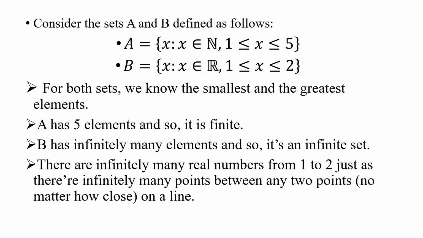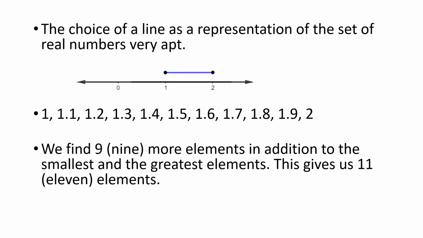There are infinitely many real numbers from 1 to 2, just as there are infinitely many points between any 2 points on a line. This makes the choice of a line as a representation of the set of real numbers very apt. We can list more elements of the set B if we take a constant difference of 0.1.